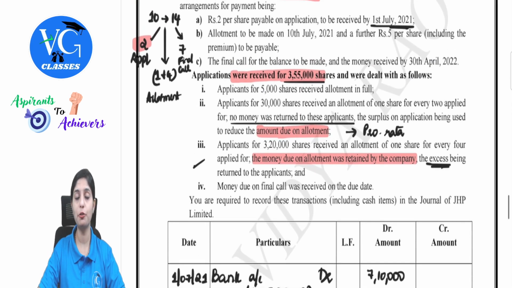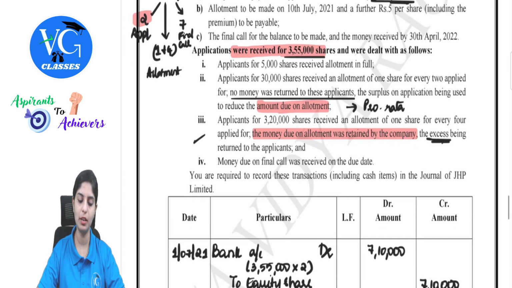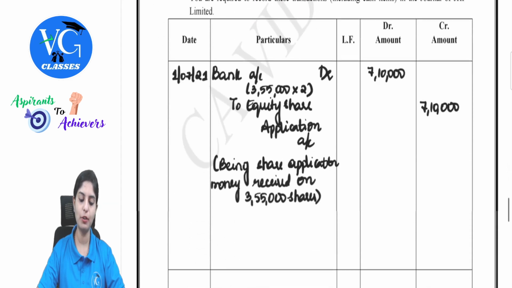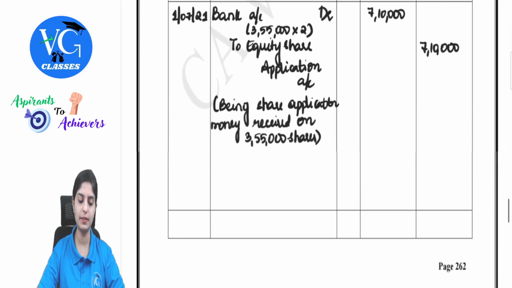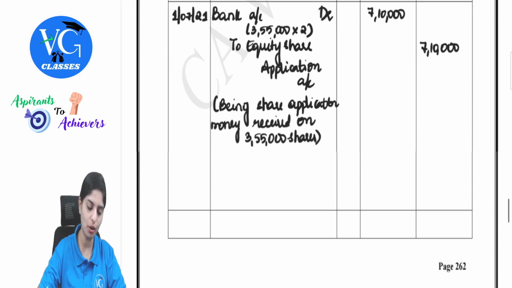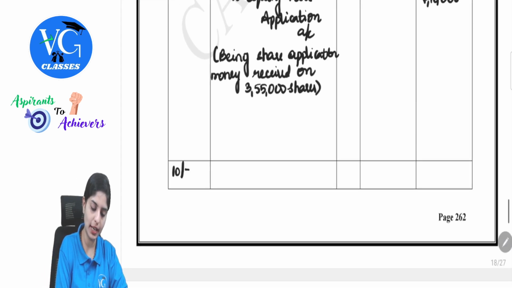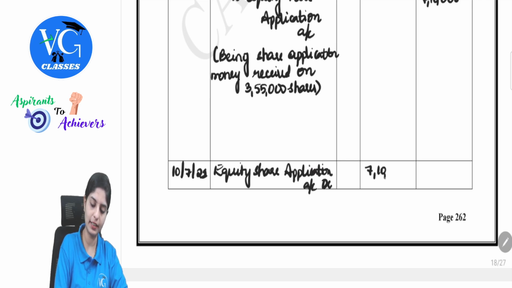Next, there is an allotment which needs to be done. So here we will have to consider the impacts of what we just calculated. Allotment to be made on 10th July and a further rupees 5 per share including the premium to be payable. First of all, we have to make the transfer entry for this. The transfer entry happens on the date of allotment. So 10th July, equity share application account debit. How much? 7,10,000.